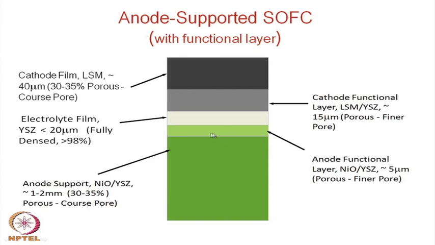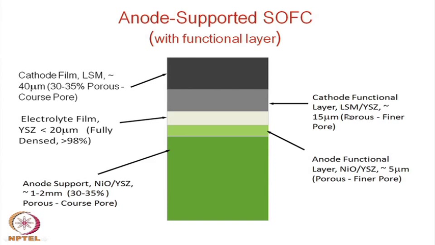Here also you have another layer which is called the anode functional layer, and the material I am just coming to that, and compared to this anode which has a coarse pore, this has a finer pore. So, there is a gradient of pores in fact. The material is slightly different.